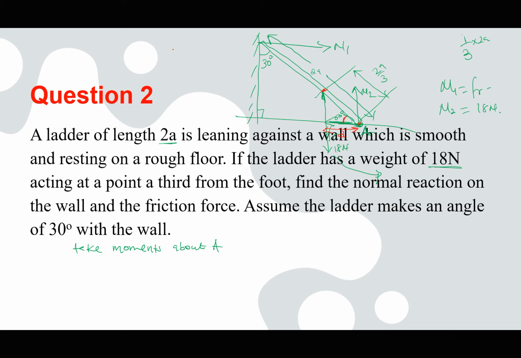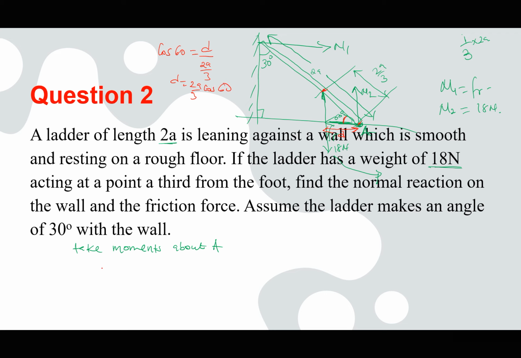So cos of 60 is equal to D over the hypotenuse, 2a over 3. So D is 2a over 3 cos of 60.